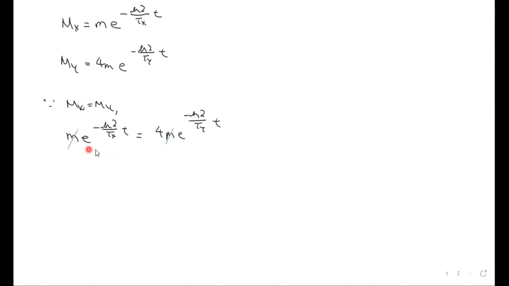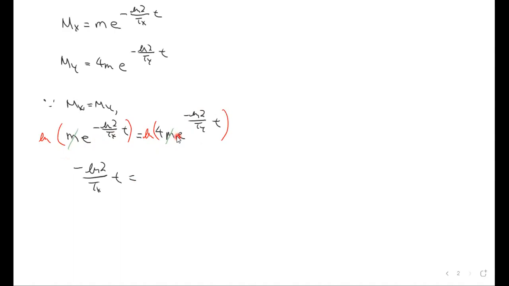Now, you've got this situation where you've got 4 and you've got exponential and exponential. You can either take the log of both sides, or move the exponentials to one side. Both are viable; that will be up to you how you want to do it. Perhaps I will take the log of both sides. If I take the log of the left-hand side, the log of the exponential will just cancel, giving me negative log 2 over Tx t.